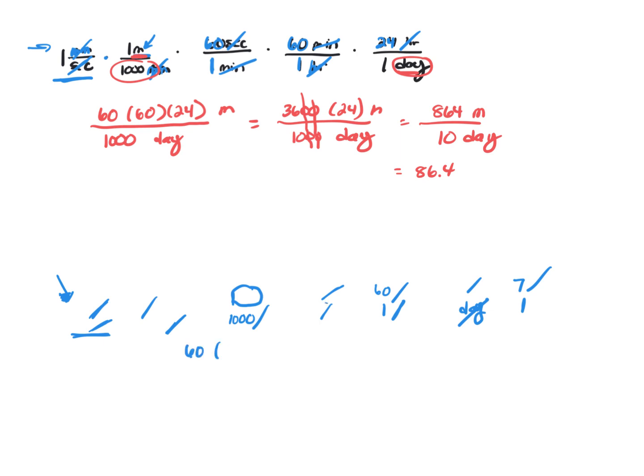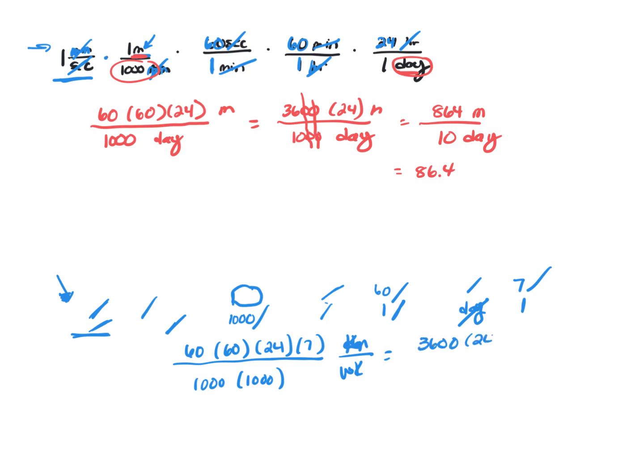I'm left with a 60 and a 60 and a 24 and a 7. In the denominator, I'm left with 1,000 and 1,000. And my units are kilometers per week.